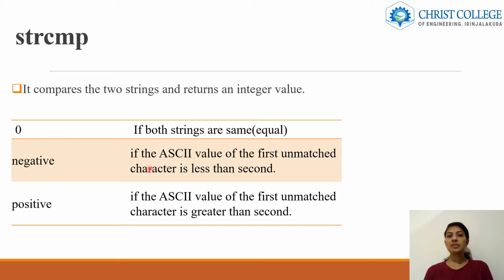If the ASCII value of the first unmatched character is less than the second, a negative value will be returned. If the ASCII value of the first unmatched character in the first string is greater than the second, a positive value will be returned.